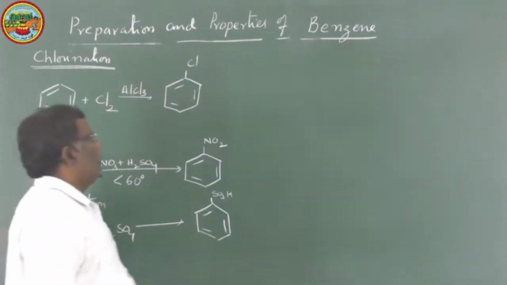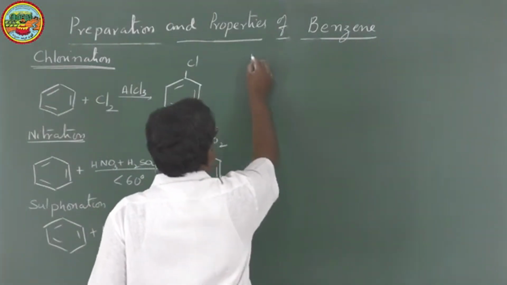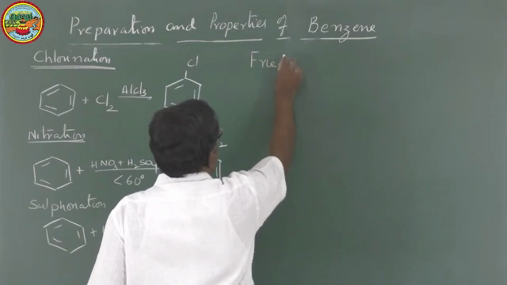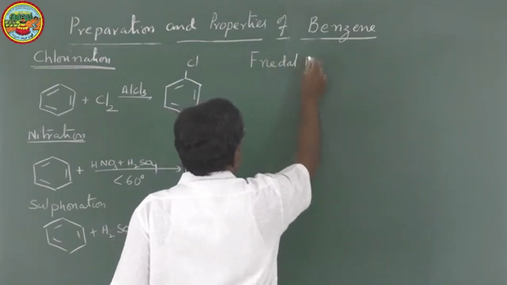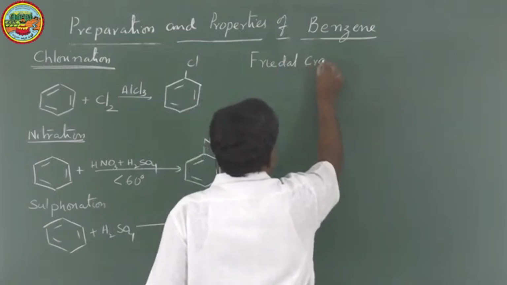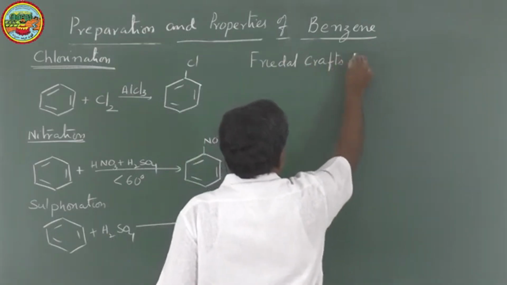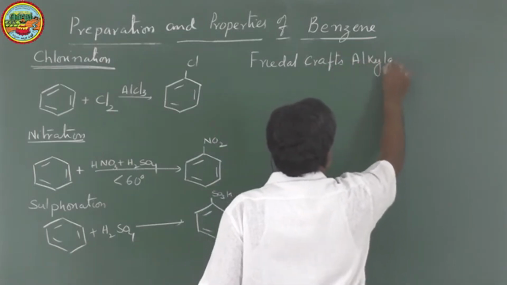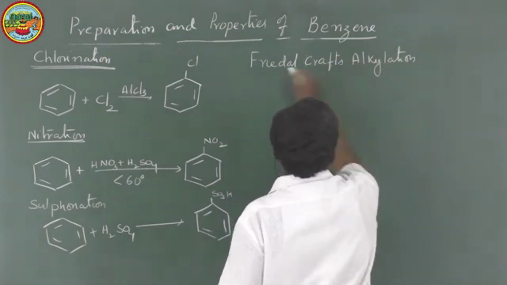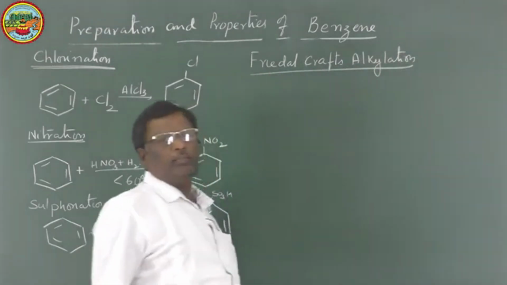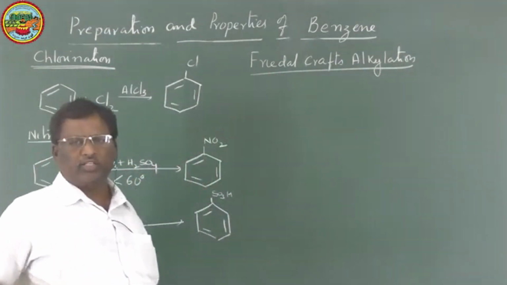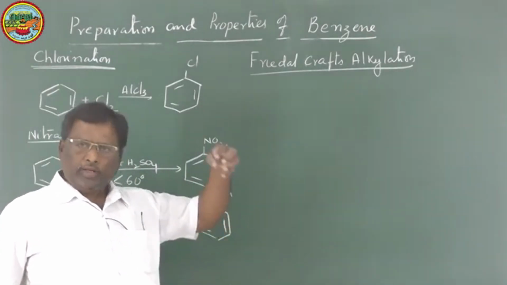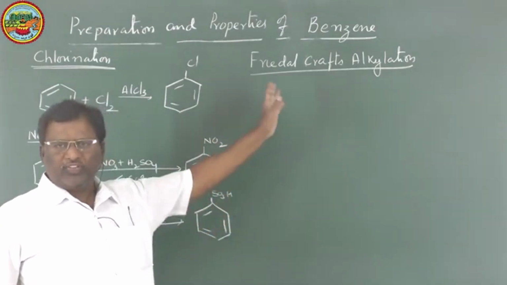Now there is an important name reaction, Friedel-Crafts alkylation. If we want to add an alkyl group to the benzene ring, we prefer this reaction.